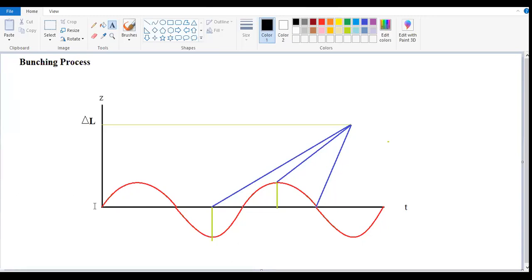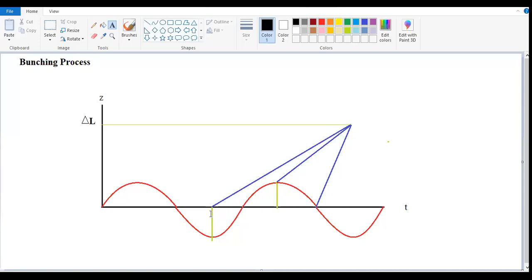So here I have taken three examples for different times, and they will reach at the distance. This is delta L. From here to here, it will reach this distance, and all these three electrons come together and form a bunch. So how are they forming a bunch?